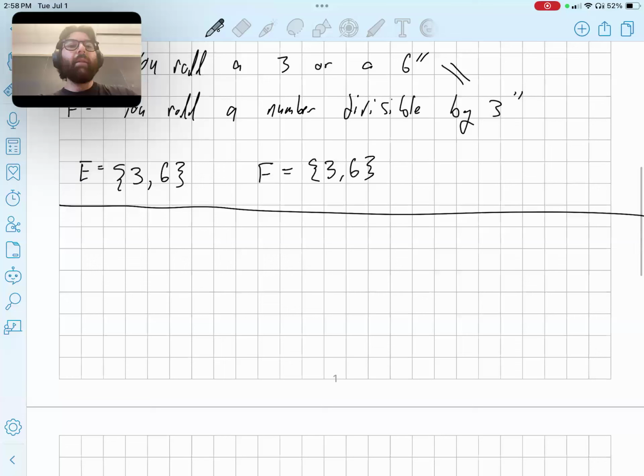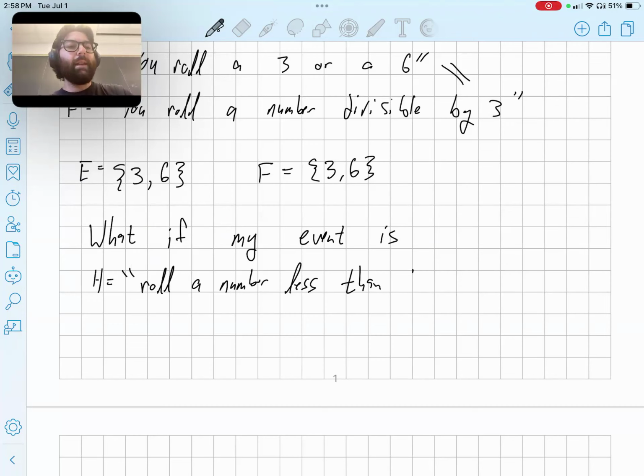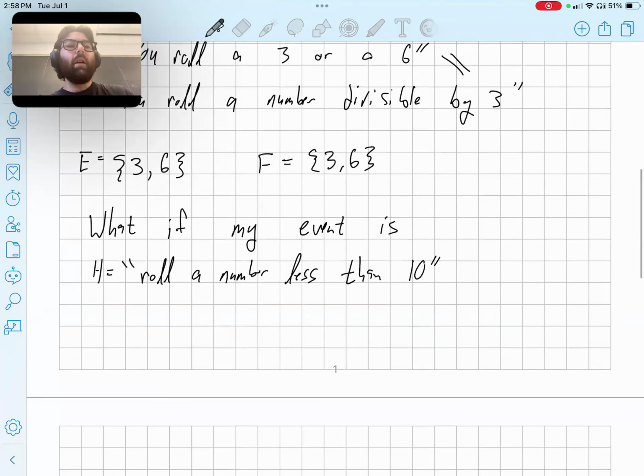Okay, and so what if I have an event, for the same example, H, where your event is roll a number less than 10? What subset does this correspond to?